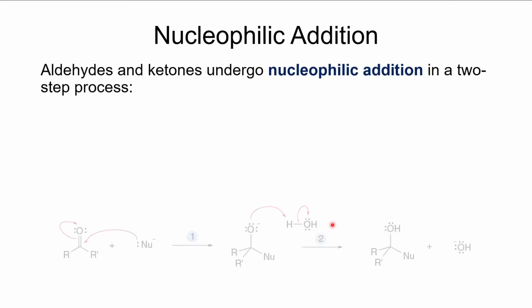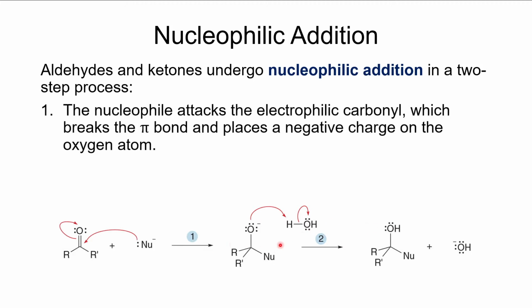So let's look more closely at nucleophilic addition. We want to investigate what's going on. It is a 2-step process. In the first step, the nucleophile will attack the electrophilic carbon on the carbonyl, and that will form this tetrahedral intermediate that has a negative charge on the oxygen.